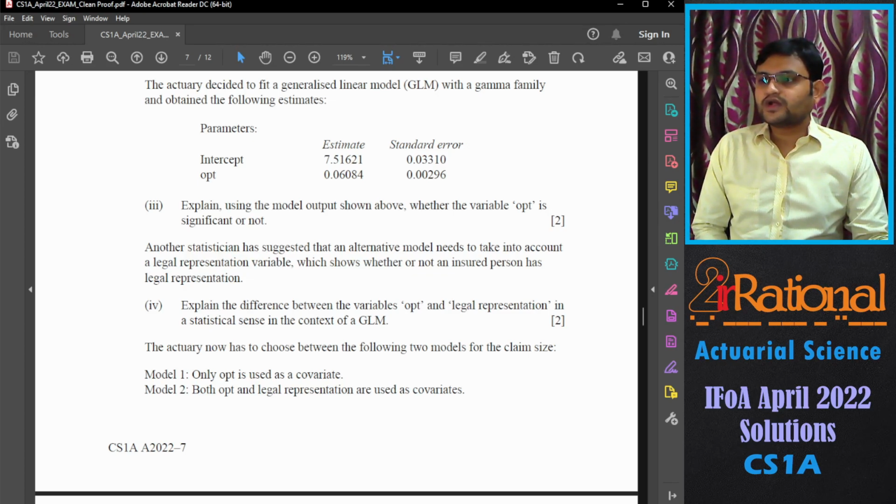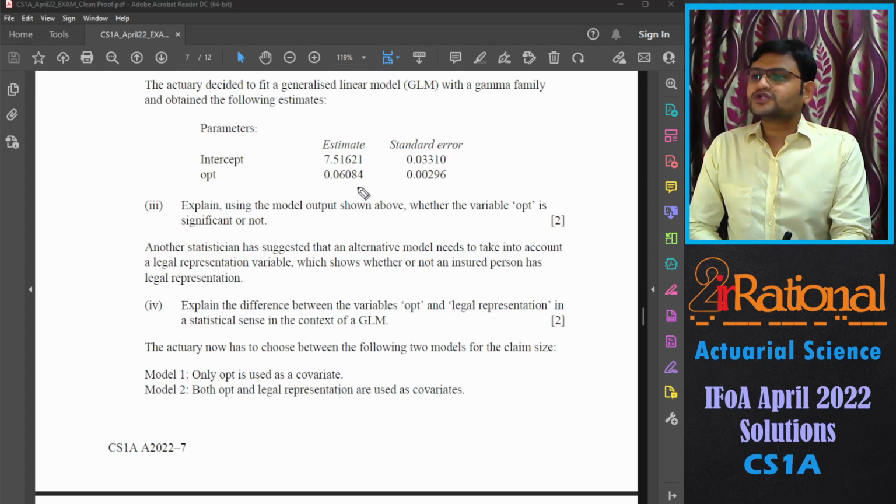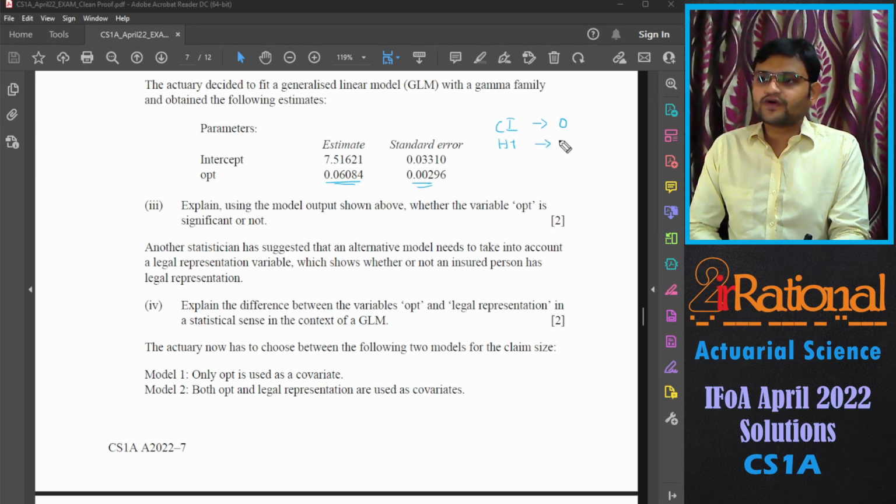Explain using the model output shown above whether the variable OPT is significant or not. So this can be done in many different ways, where you can take the confidence interval and figure out whether 0 lies between that or not. You can do the hypothesis testing to figure out whether the value can be equal to 0 or not.